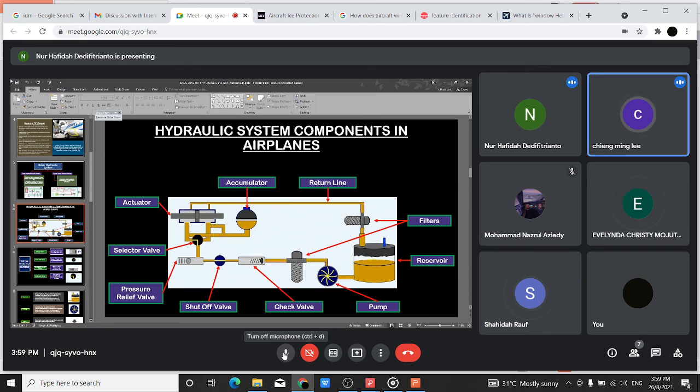Shahida, I can't remember already. What is your subject? Last week about exterior lights and this week about the electrical system. Electrical system. Yeah. So I didn't include the GPU in the slide. Okay.